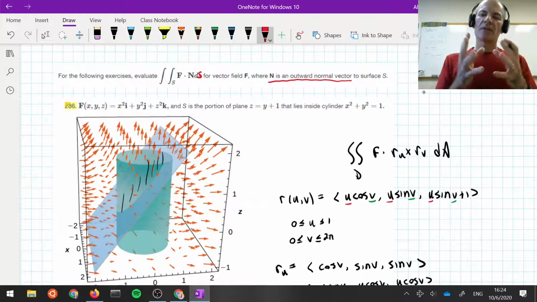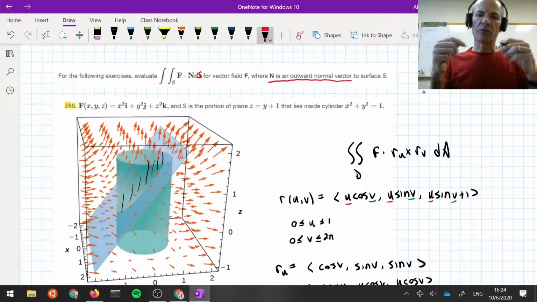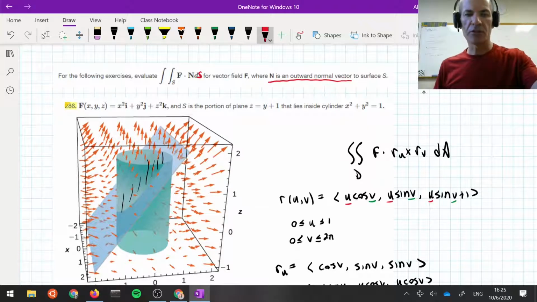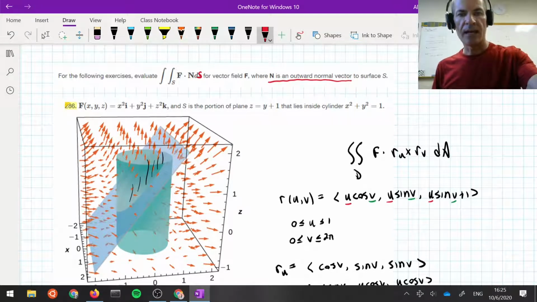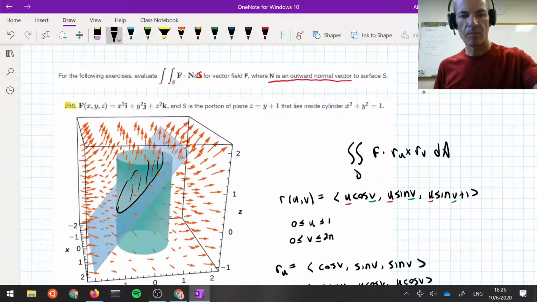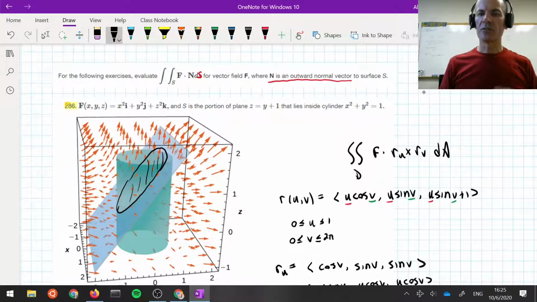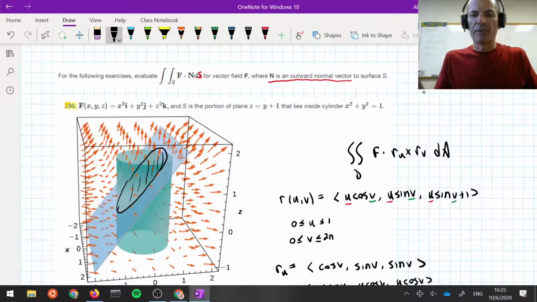Remember I said you can't talk about outward pointing or inward pointing normals unless the surface you're integrating over is a closed surface. This is not a closed surface. This is just a piece of a plane lying inside of a cylinder. So what does outward normal mean?